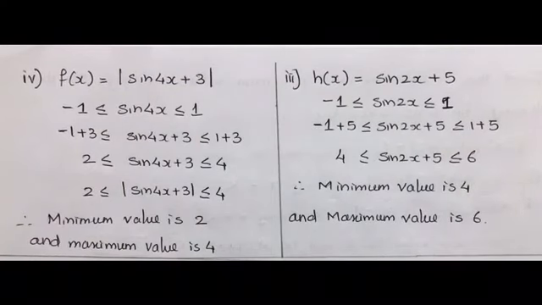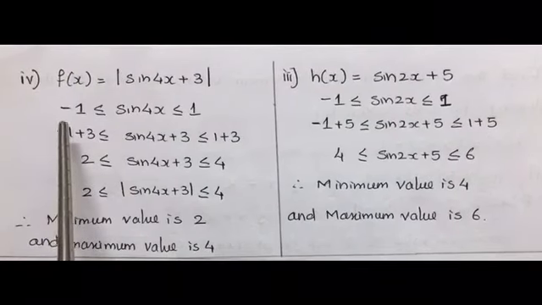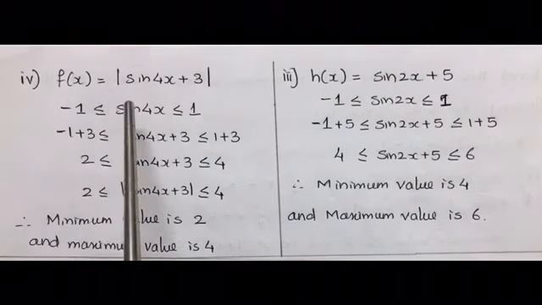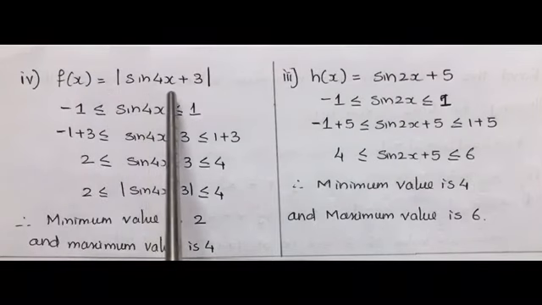Taking up the fourth one of example number 2, it is given as f of x is equal to mod of sine 4x plus 3.